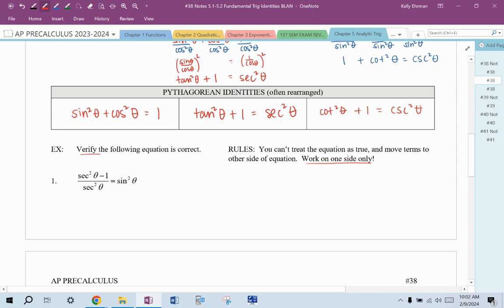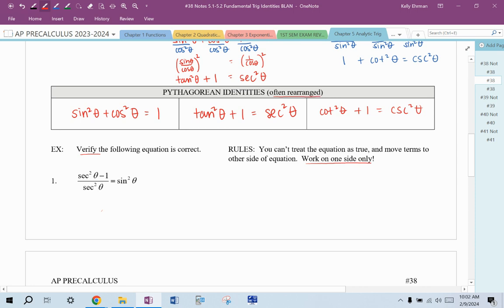There are a lot of ways to tackle these problems, and there's not usually just one correct path, but think of these as puzzles. You're trying to simplify this side to show how it can become sine squared. Let's look at the fact that we can often rearrange these Pythagorean identities.